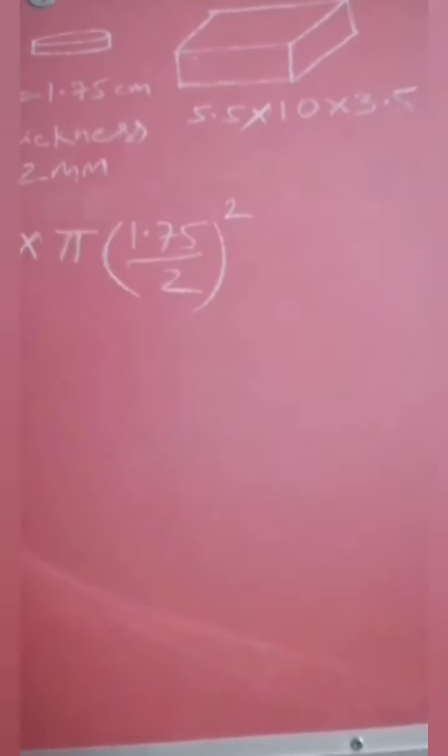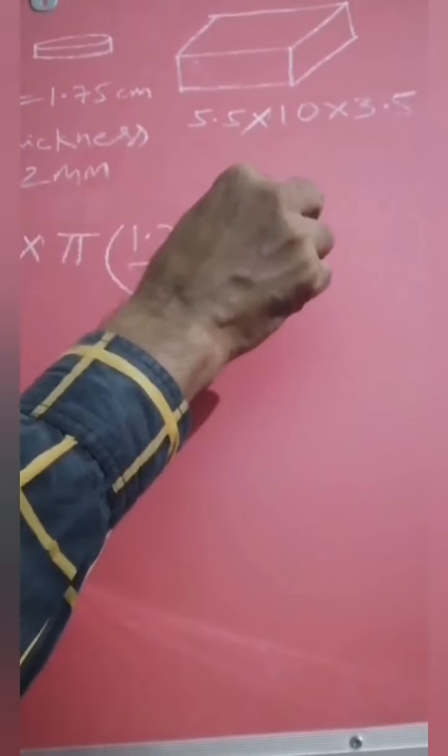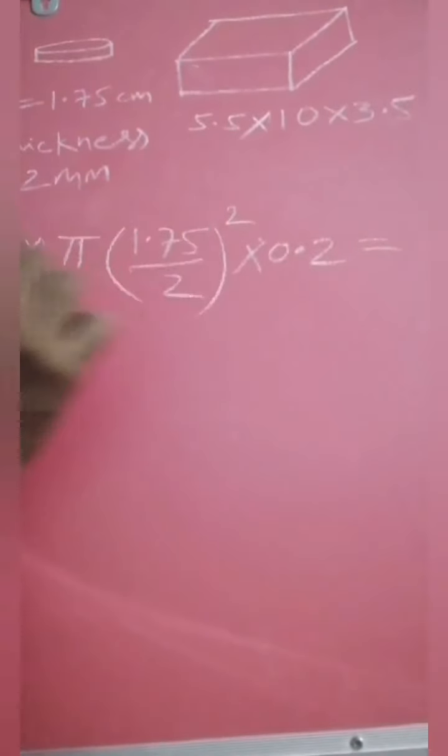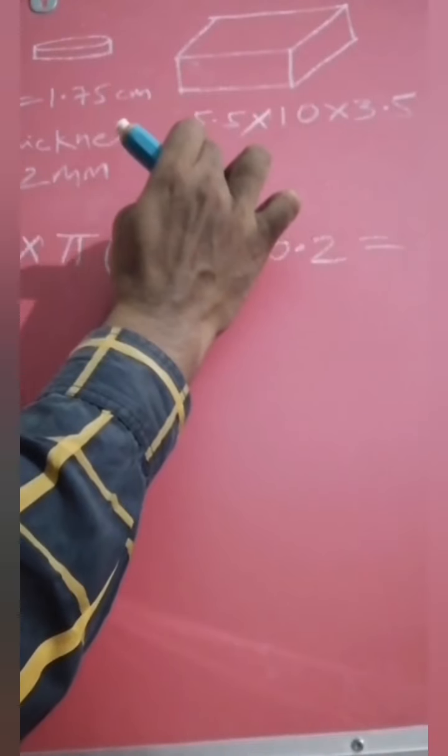Pi r square into h. H is the thickness, given 2 mm. 2 mm means 0.2 cm. It is the volume of one coin, and as n coins are there, n is multiplied, and it is equal to the volume of the cuboid, L into B into H. L, B, H are given already, so it is 5.5 into 10 into 3.5.